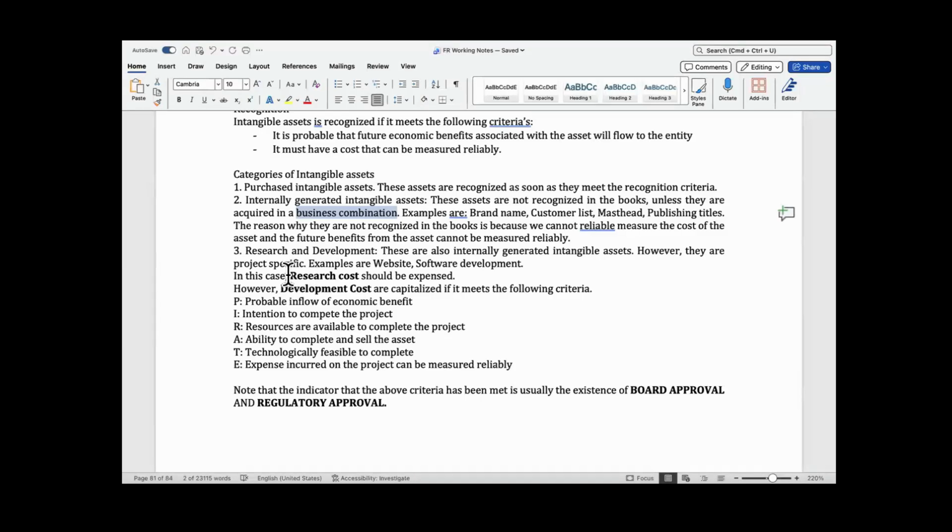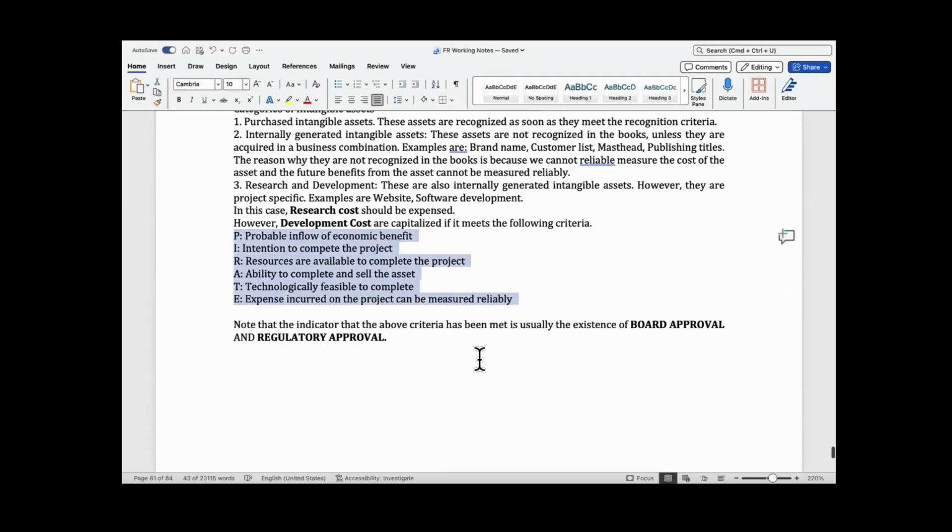So in that case, if you can separate the cost we are spending into research and development, the cost at the research phase is expensed, at the development phase they are capitalized if they meet the following criteria that I mnemonized as PIRATES for you to easily remember in the exam.